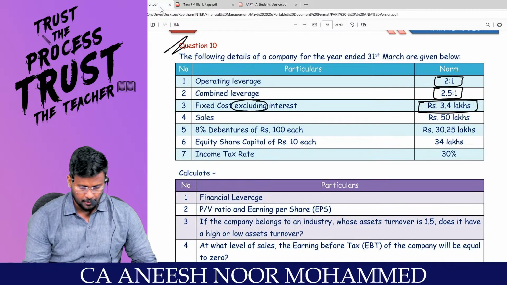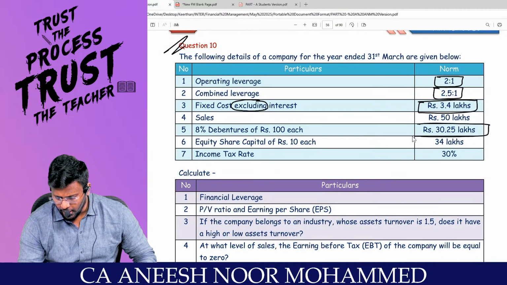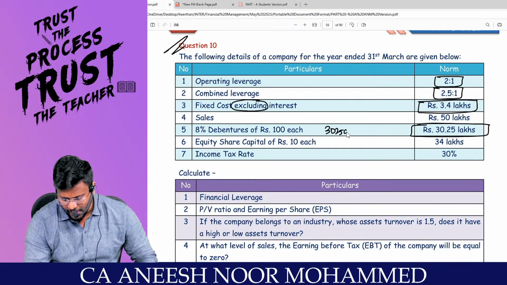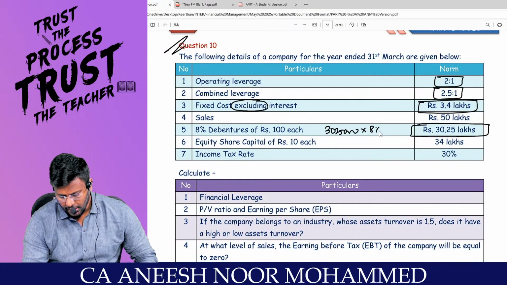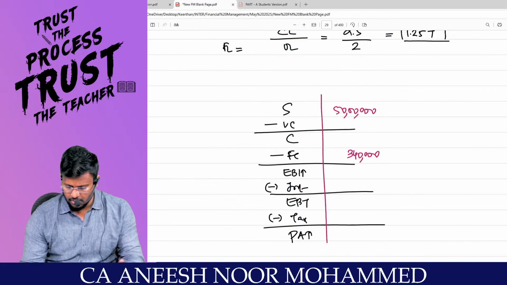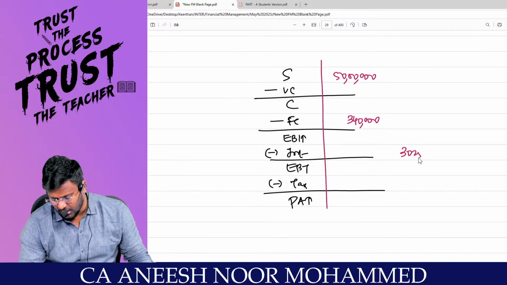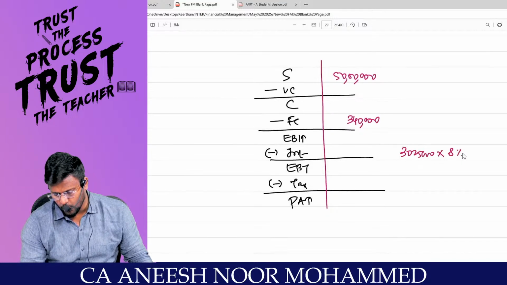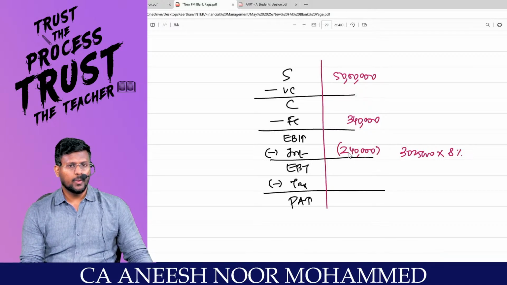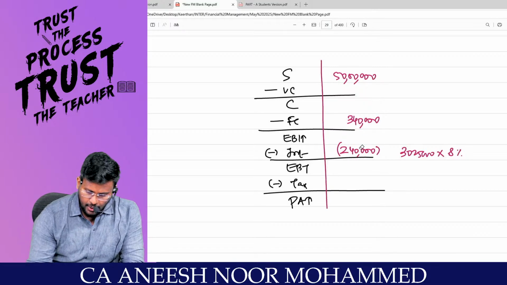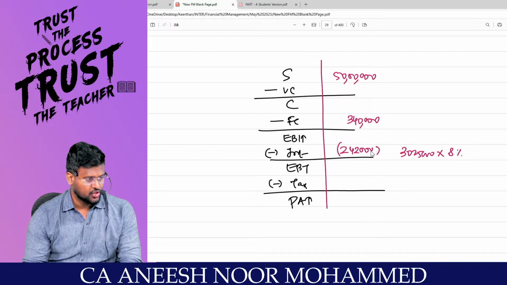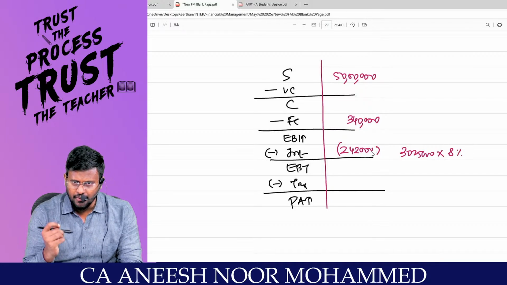30.25 lakhs is the debenture. 30,25,000 into 8% will be the interest, which comes to 2,42,000. But I don't know whether only this much interest is there, because we have done a similar question where the financial leverage should match.